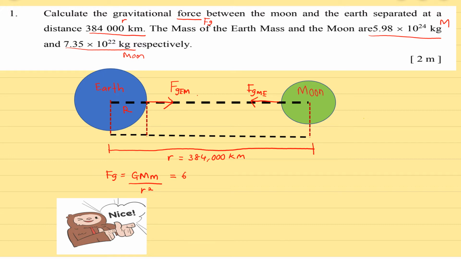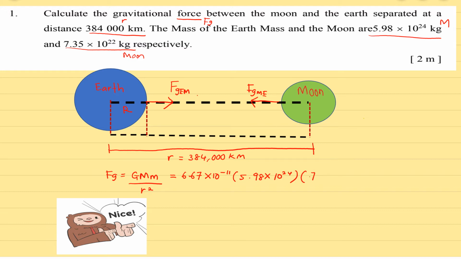So G equal to gravitational constant 6.67 times 10 to the power of negative 11. Mass earth 5.98 times 10 to the power of 24.